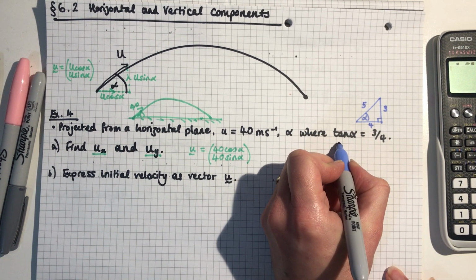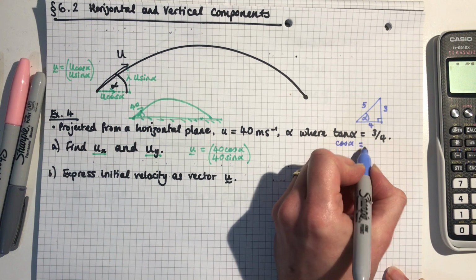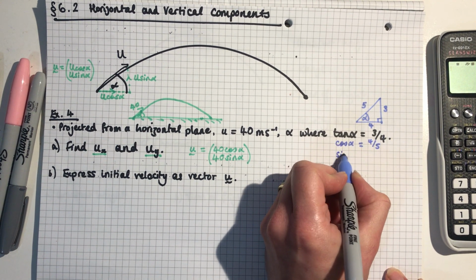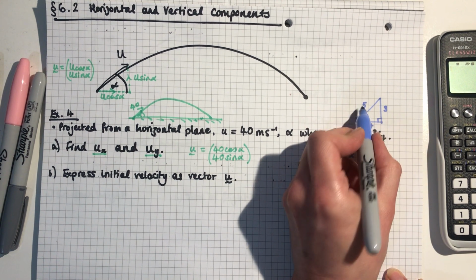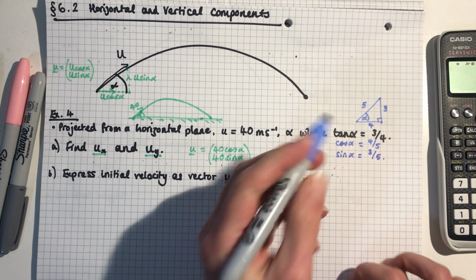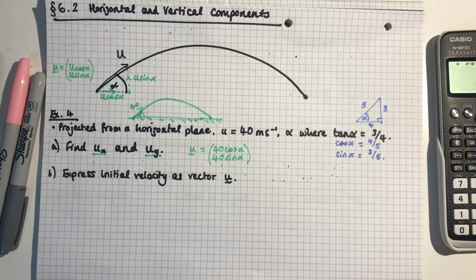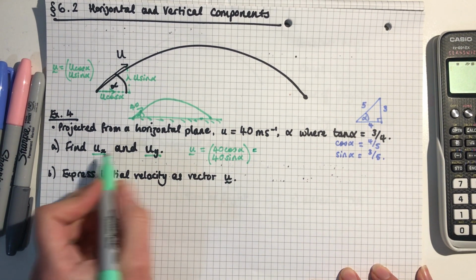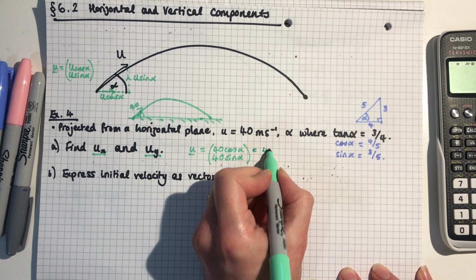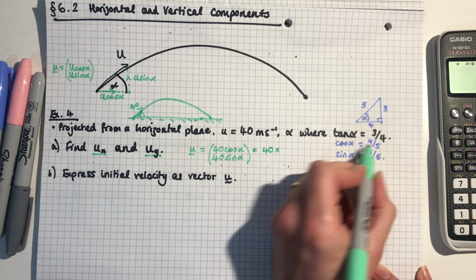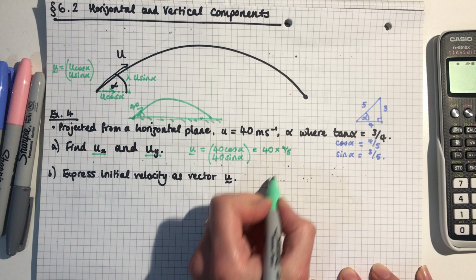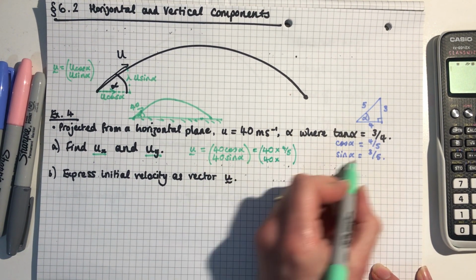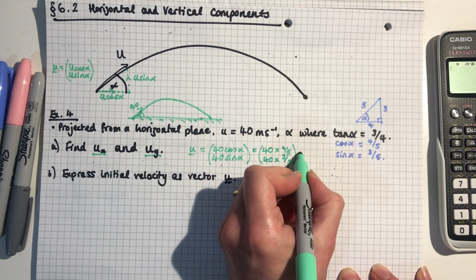So we know from that that cos alpha, which is adjacent over hypotenuse, is 4/5, and sine alpha, which is opposite over hypotenuse, is 3/5. I didn't even need to work out the angle alpha there, I can just get them straight off that diagram. So my horizontal component is 40 times cos alpha, which is 4/5, and my vertical component is 40 times 3/5, because that's sine alpha.